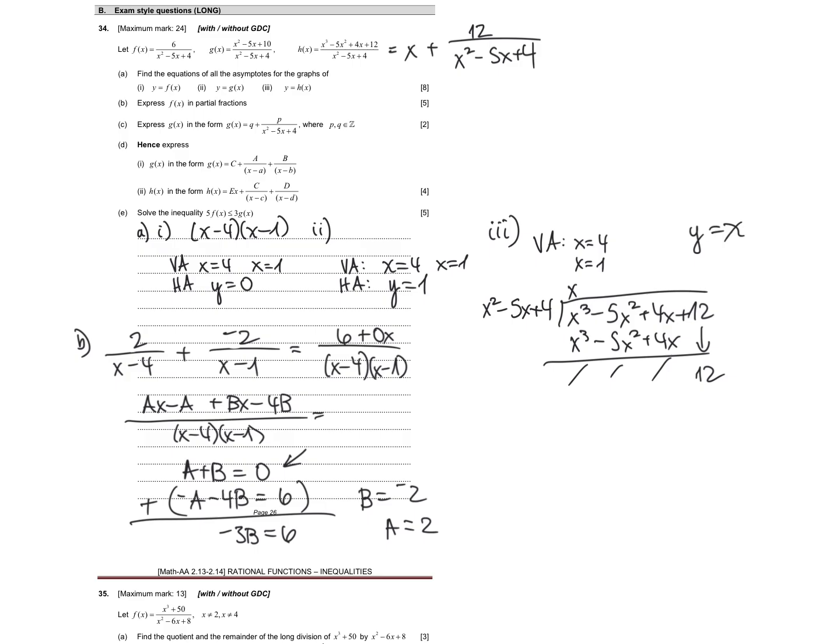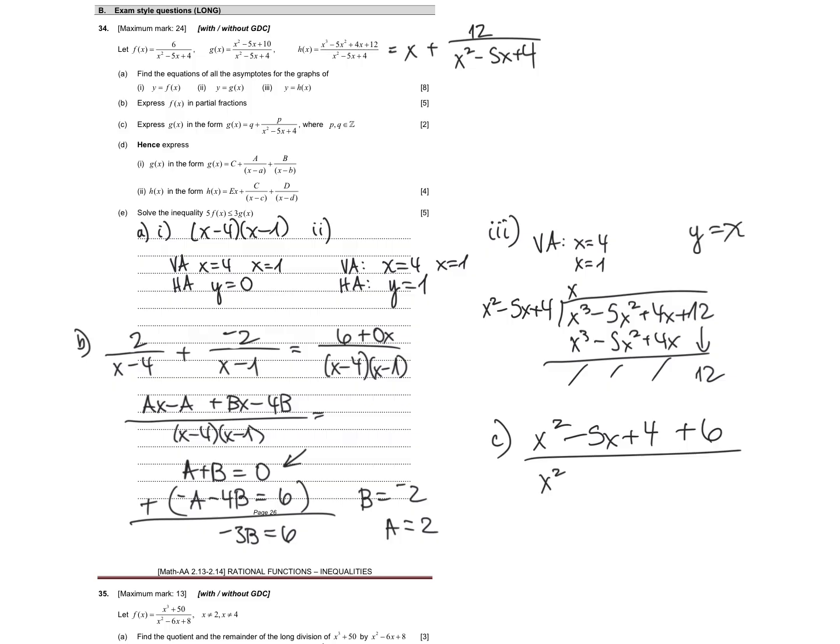All right, C, which is G. Express it in the form that. So if we factor that top, which can't be factored, okay, so no factoring. We can just do x squared minus 5x plus 4 plus 6, splitting that 10 up.